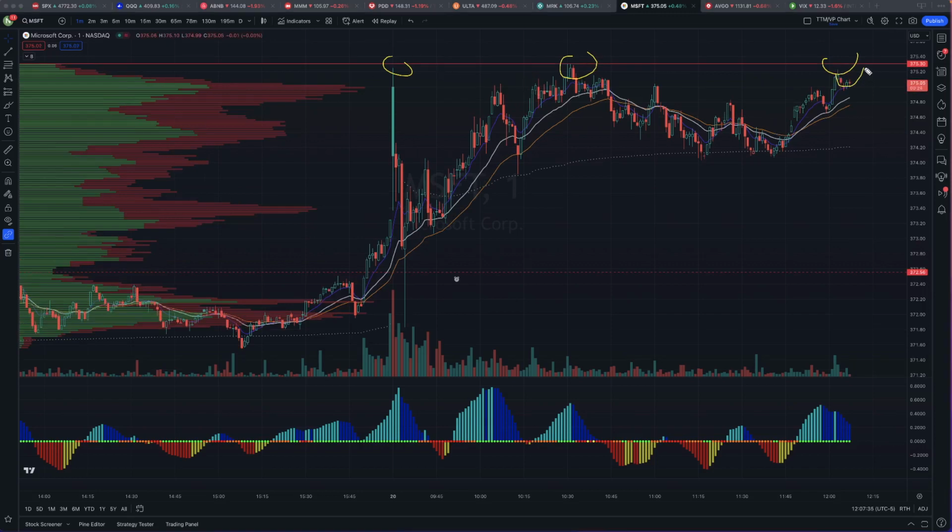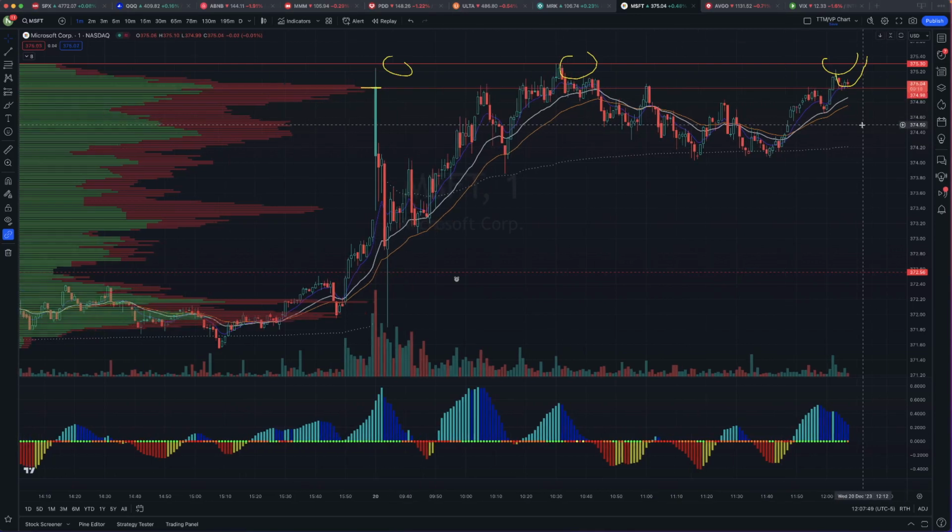We need another little guy right here, maybe down into this level here, down into this VP level right here, which we've kind of hit, before our official break, right?